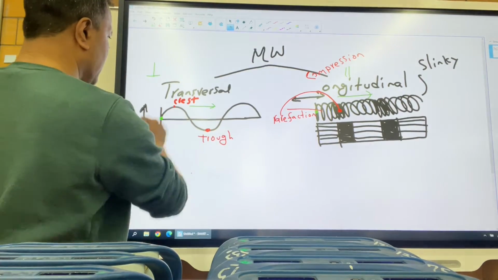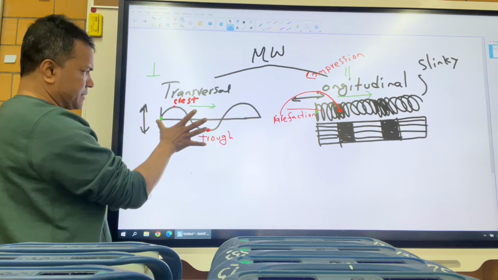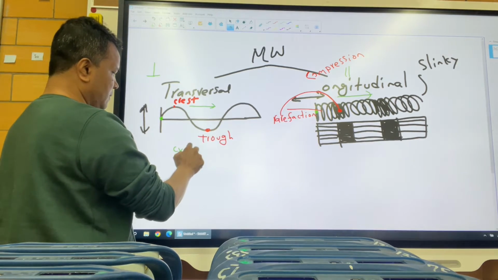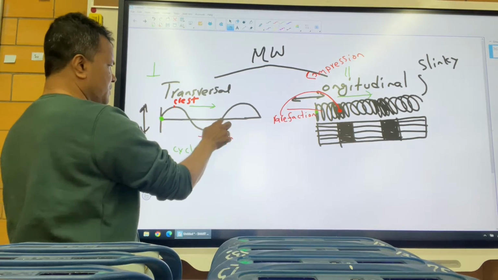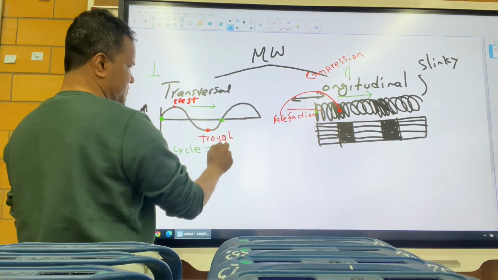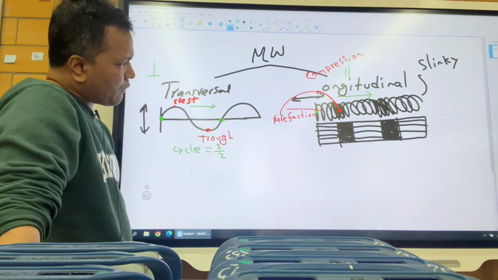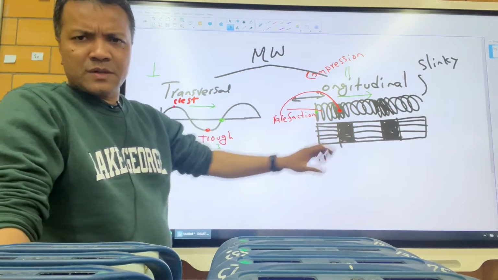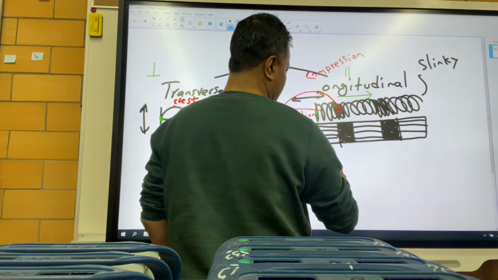Now here, how many cycles? From this point to this point you have one cycle, 1.5 cycles. You want to understand this in terms of the transversal, we can definitely do that.